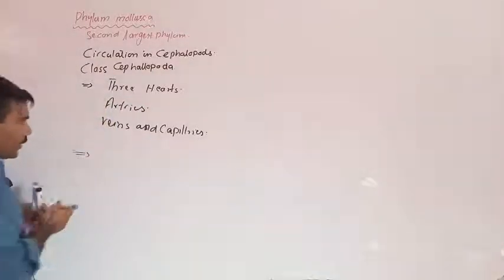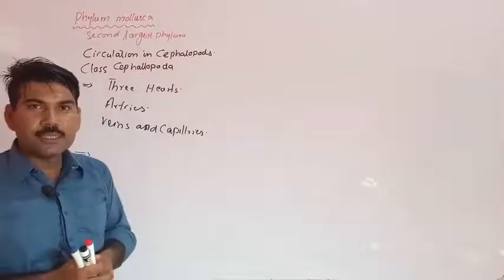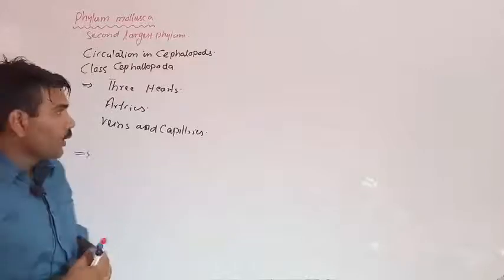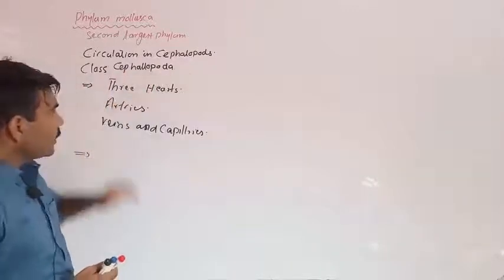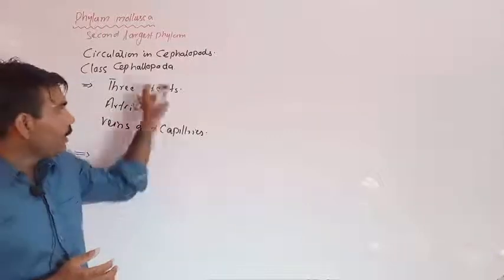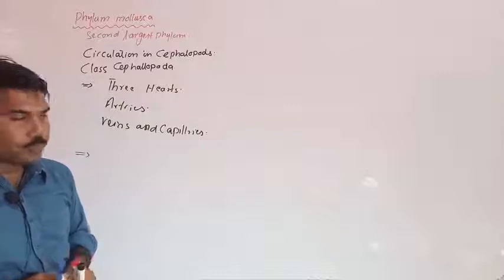So now the question is how 3 hearts are present in these animals and how they function. These 3 hearts function differently. It means they have different functions in the cephalopod's body.